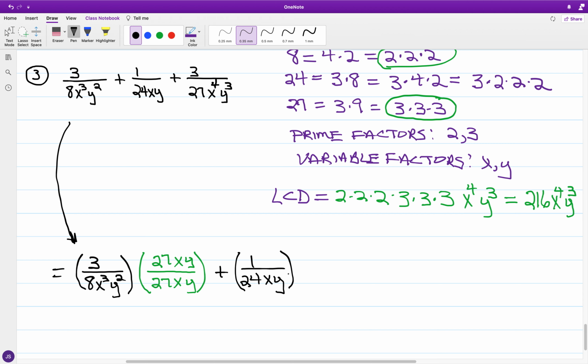And for 1 over 24xy, taking 24xy into the least common denominator, that's going to leave us with 9. X to the 4th over x is x cubed. And y into y cubed is going to leave us with y squared.